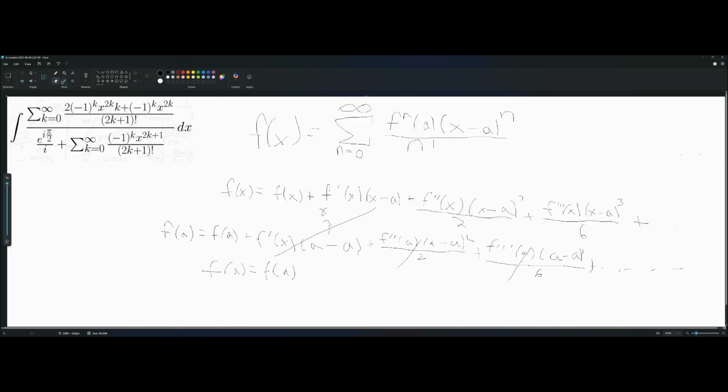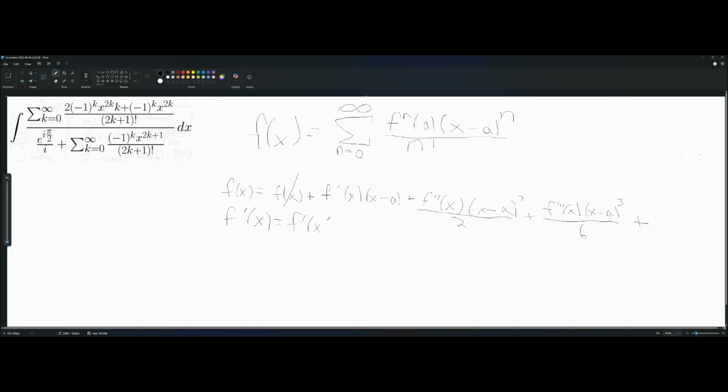So what happens now when we try to take the derivative of it? Let's say we take the derivative of our original function, f of x, which is this function right here. We take the derivative. This is some constant, so this will go away. And now we have f prime of a, which is some constant, multiplied by 1, because this is just x by itself.